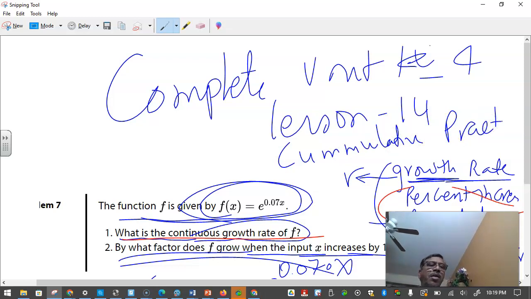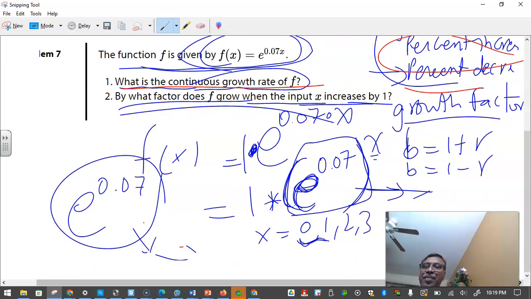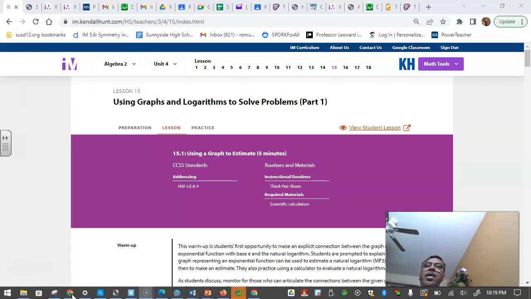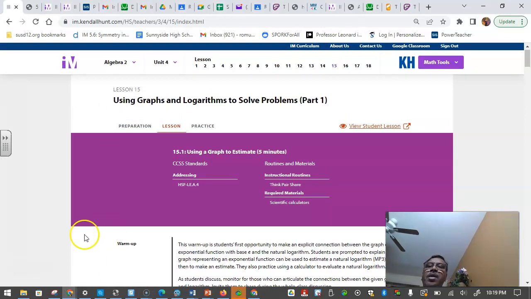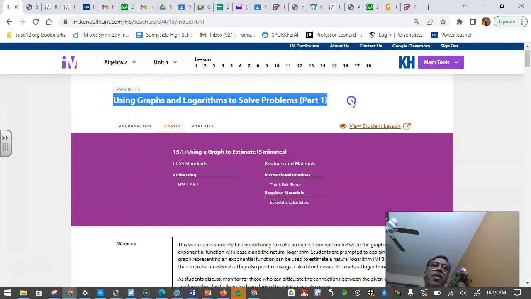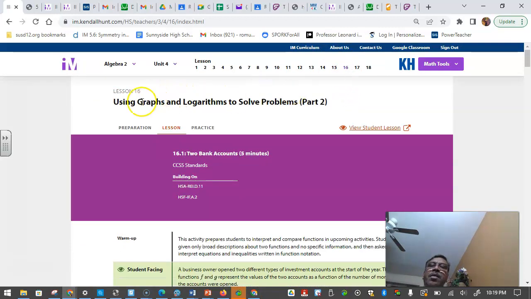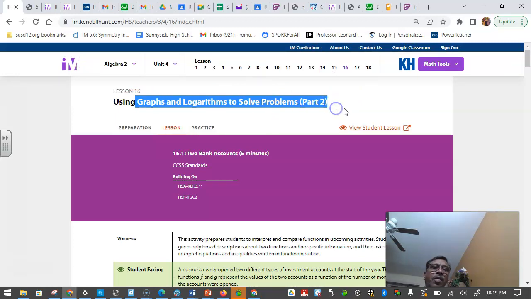Very soon, in the next class, Lesson 15, on Monday, we will see graphs and logarithms used to solve problems. That's what we'll do, and then I'll try to see if I can combine this. It's the same thing but two different situations. See you guys. Thank you.